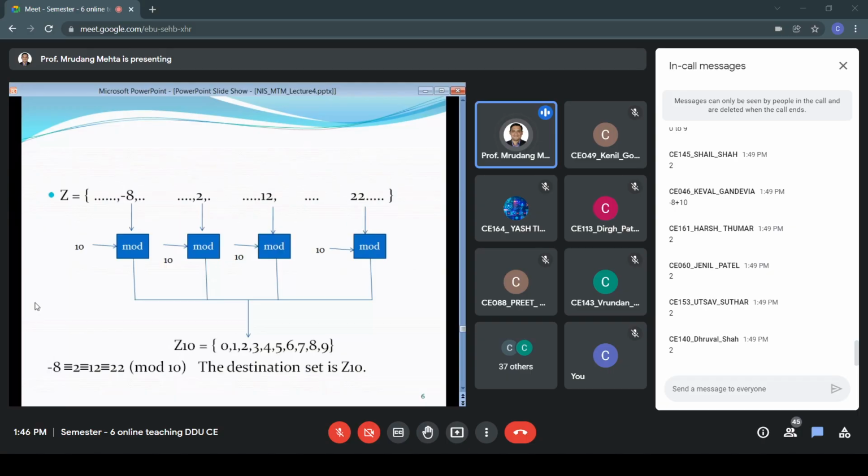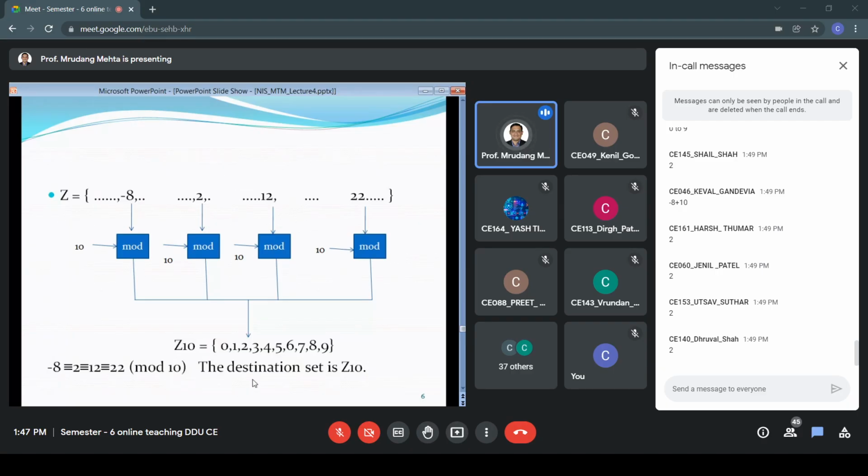So you can see that at the last, the output of all these mod operations is one of the members of Z10, and Z10 is 0 to 9. So we can write like this: -8 congruent to 12, congruent to 22, mod 10, right?